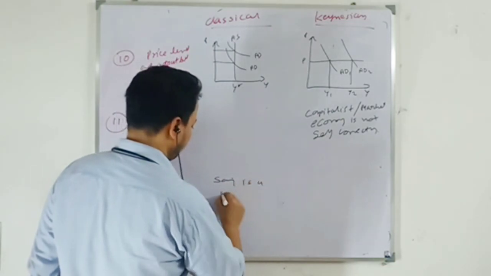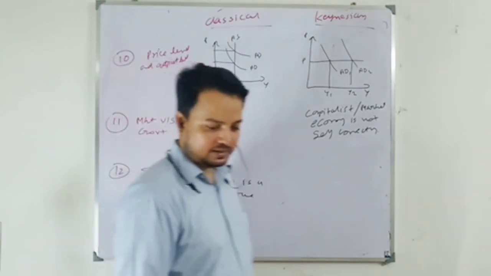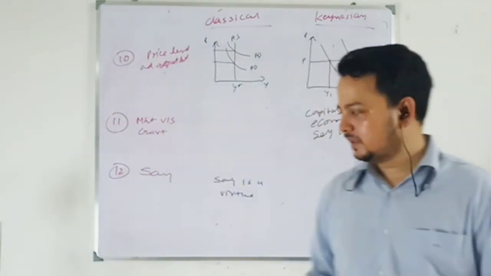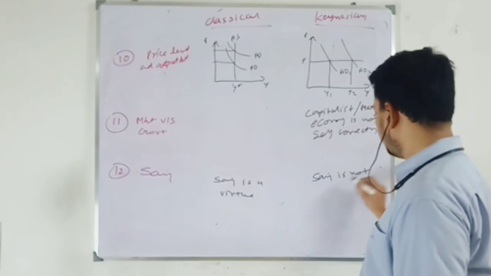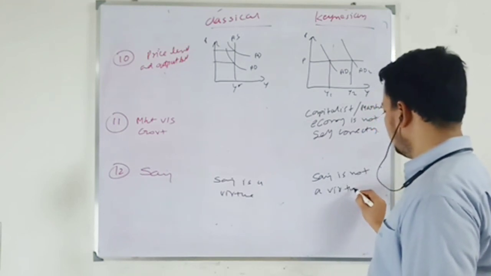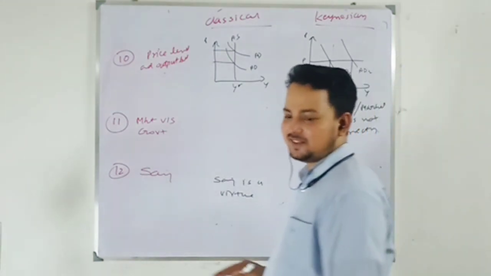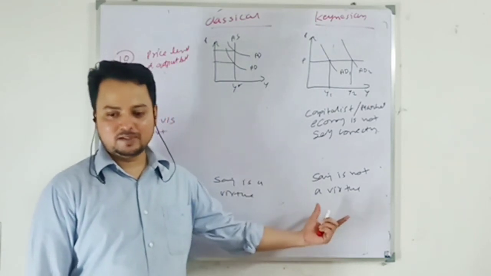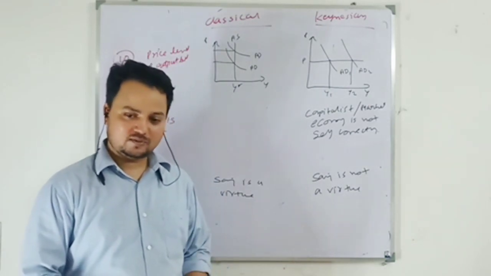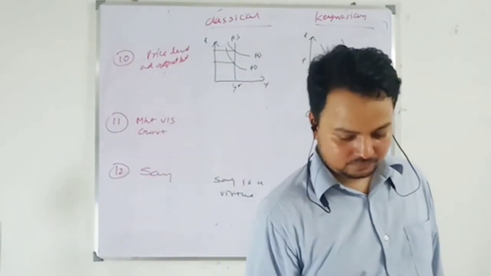But in Keynes, as we have just seen, saving is not a virtue. When all people in the economy start to save more, national income will decline and the general level of saving in the economy will also decline. One more point you can add.